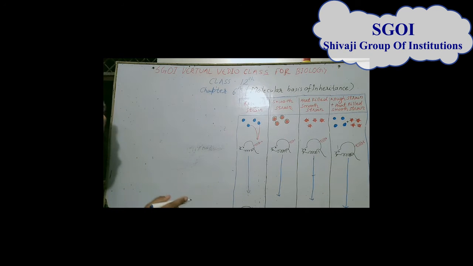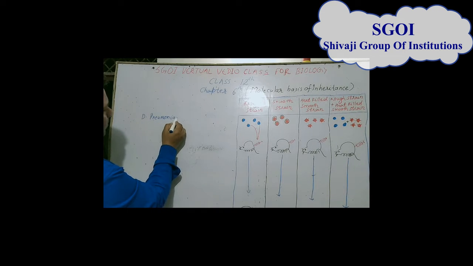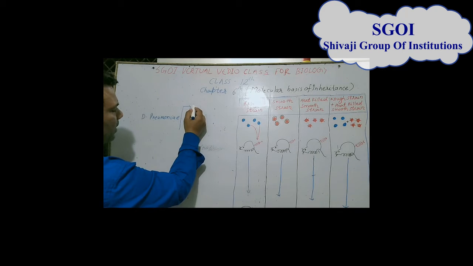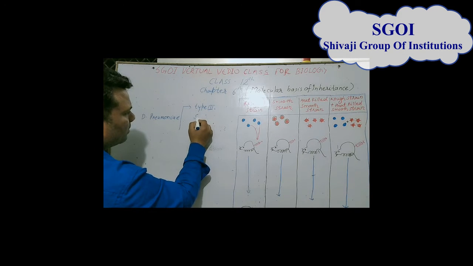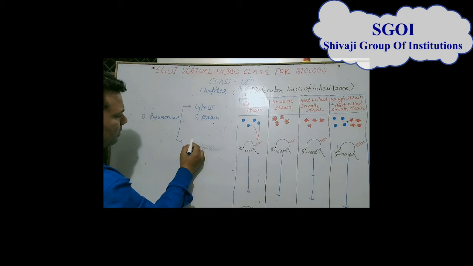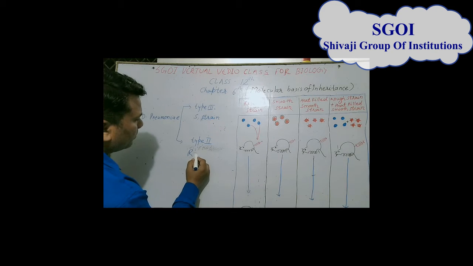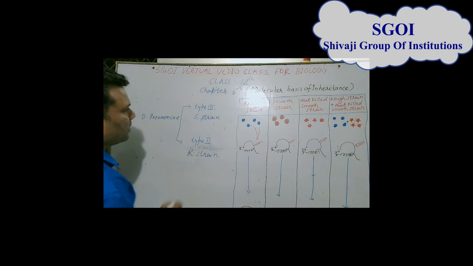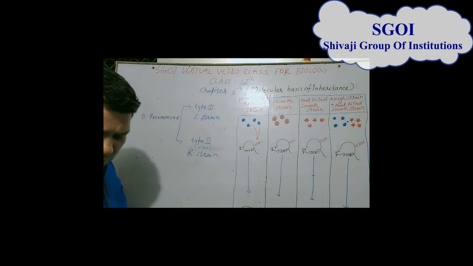Griffith took two strains of Diplococcus pneumoniae. The first strain is called type 3 S strain, and the second one is known as type 2 R strain.